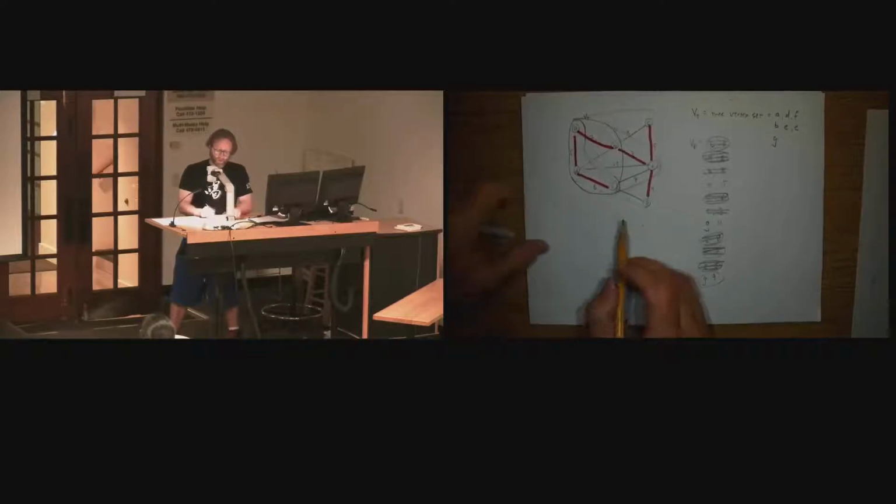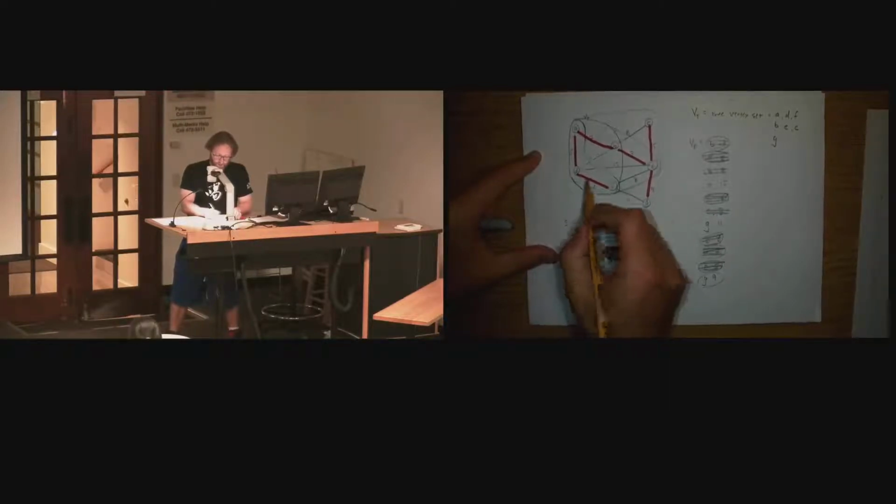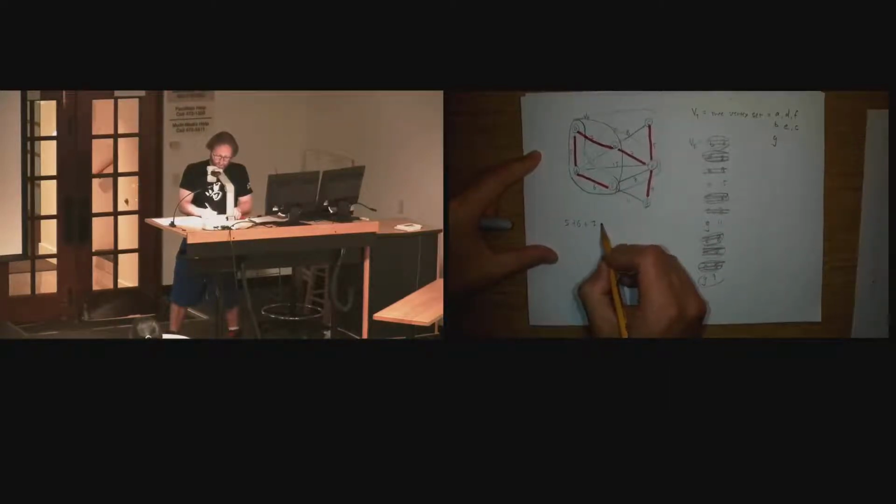Just to make sure that we understand what the weight of a minimum spanning tree is, it's going to be 5 plus 6 plus 7 plus 7 plus 5 plus 9. What is that? 14, 25, 39.